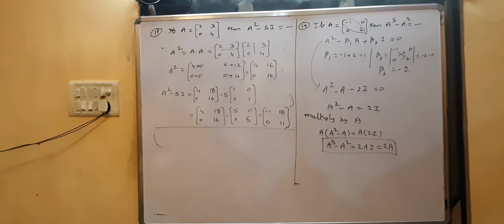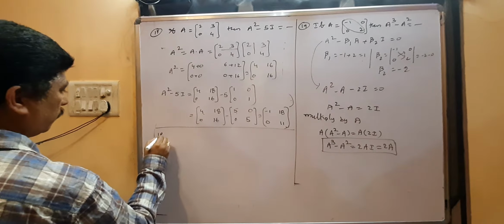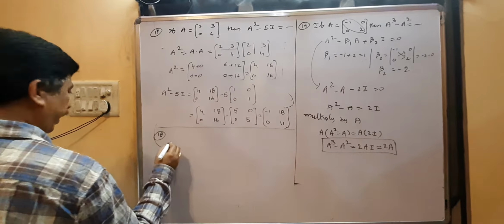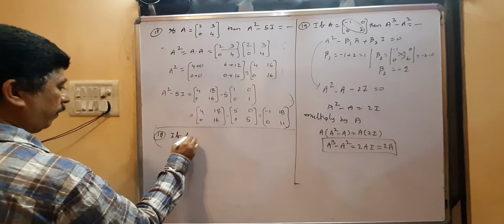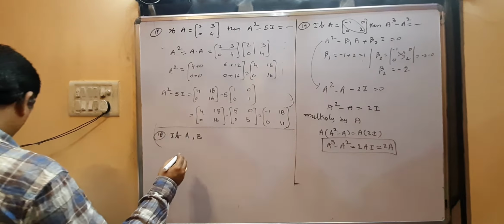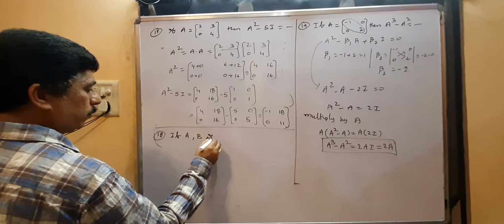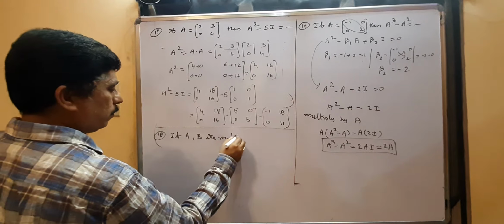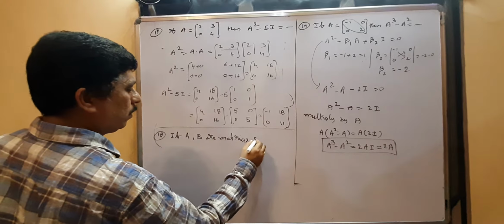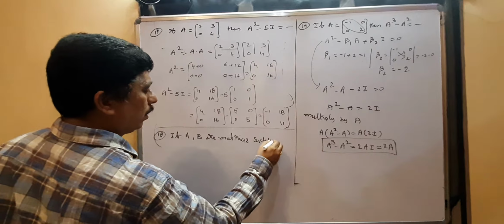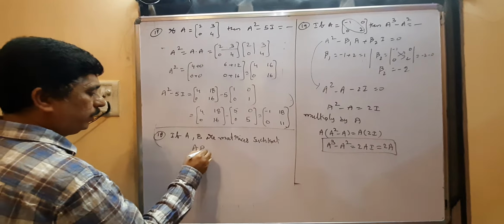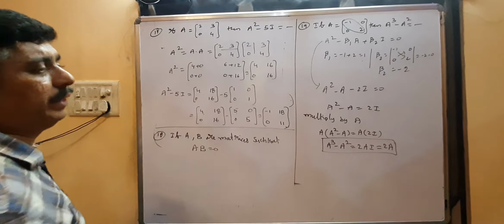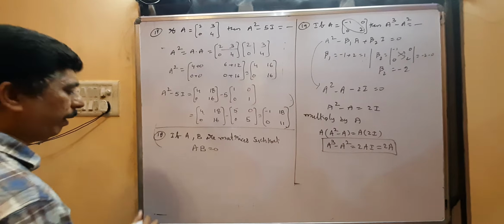Eighteenth question. If A and B are two matrices such that AB is 0, the product AB being 0 means A and B need not be a null matrix.